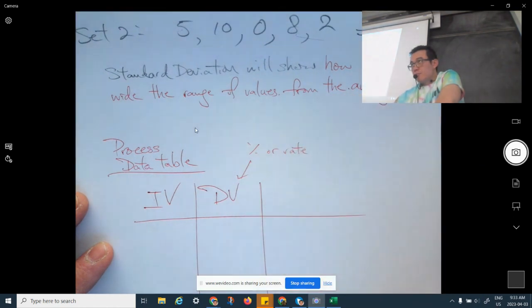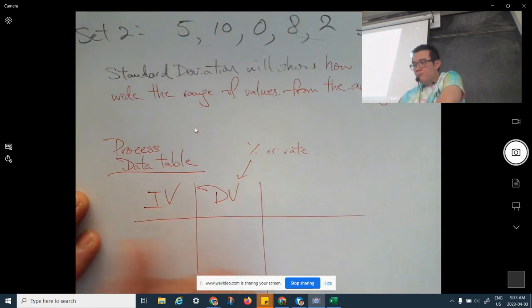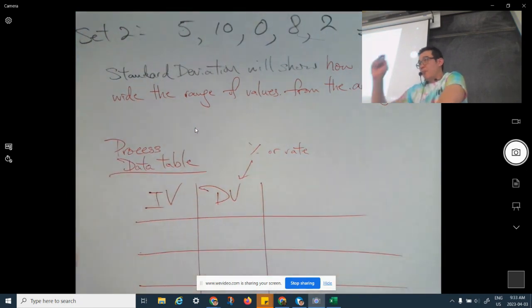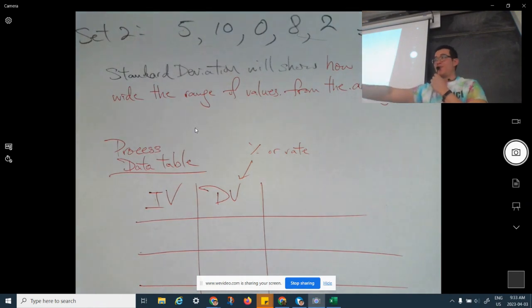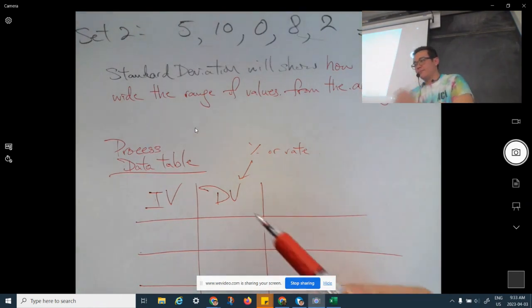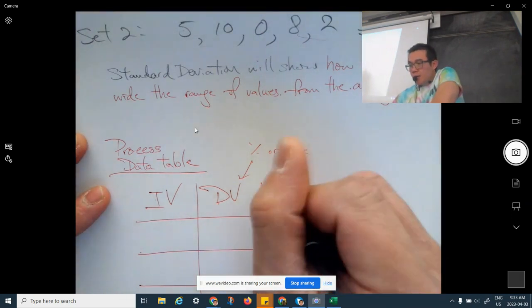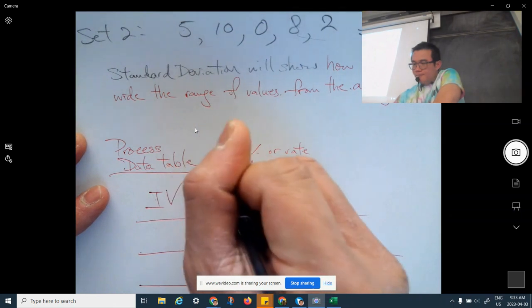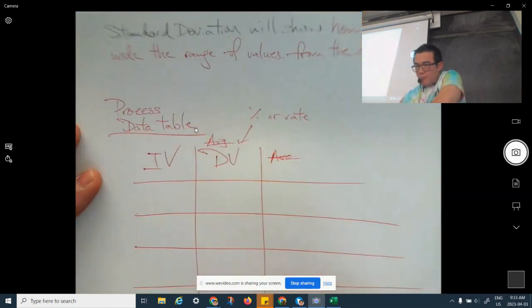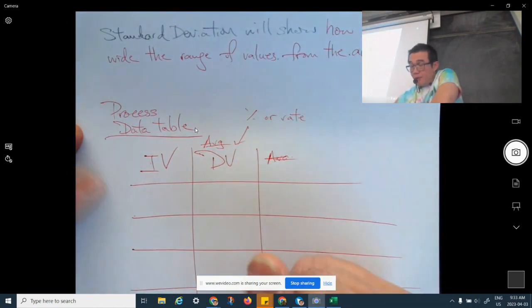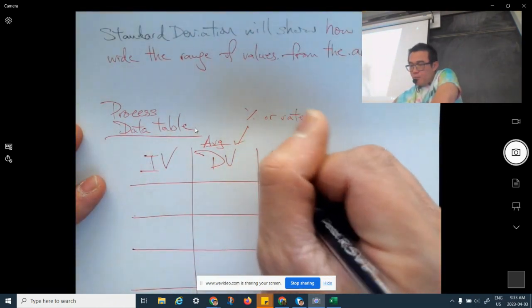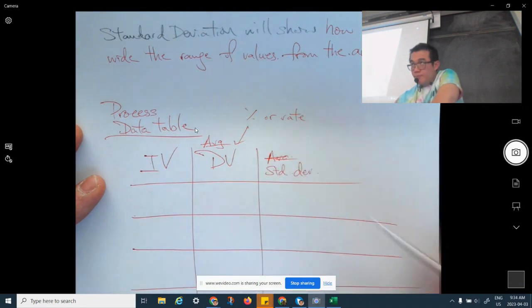If you don't understand how to calculate rate, come and talk to me later on. There are many ways of calculating rate depending on your results. Different people may have to do it slightly differently. And average. So this column here should be the average of your dependent variable. And this column here should be your standard deviation.